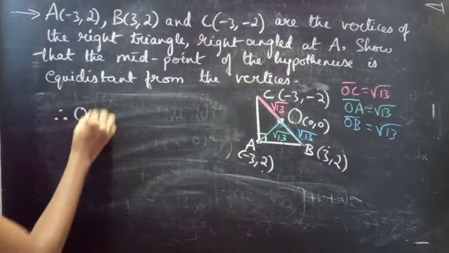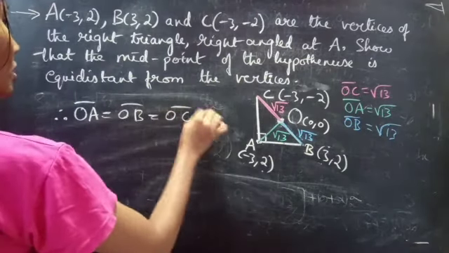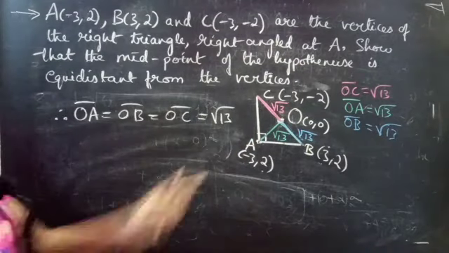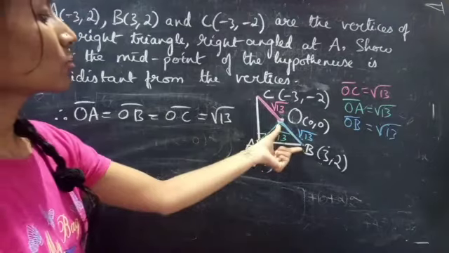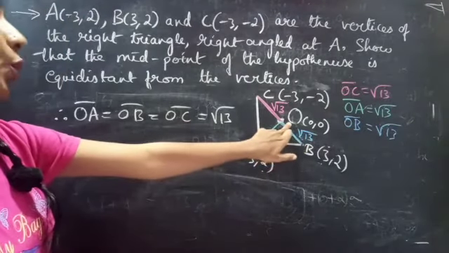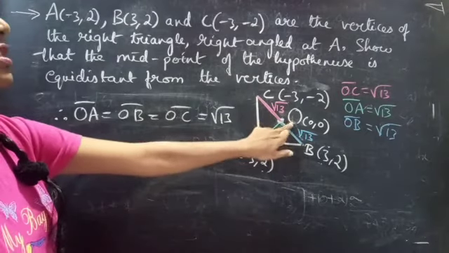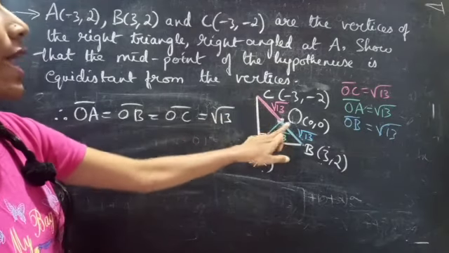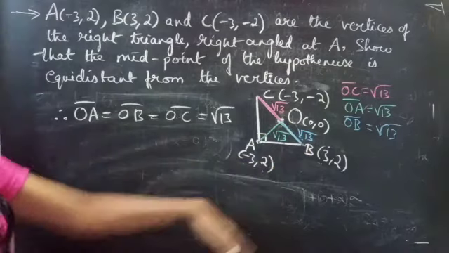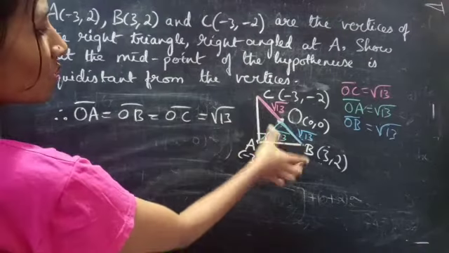Therefore, OA equals OB equals OC equals square root of 13, which is nothing but the distance OA equals distance OB equals distance OC. That means the midpoint O is equidistant from vertex A, from vertex C, and from vertex B. BC is the hypotenuse, right?